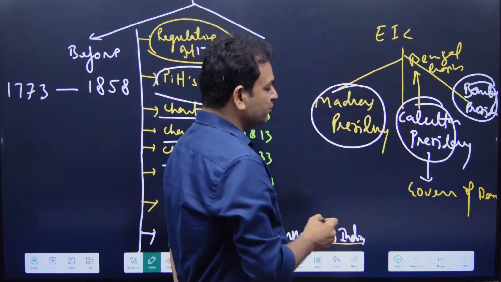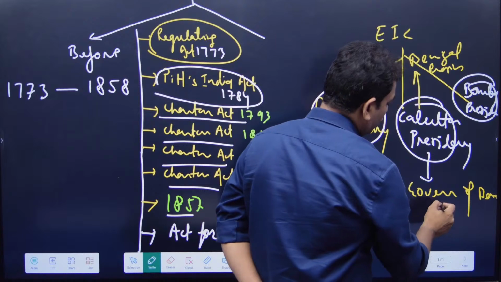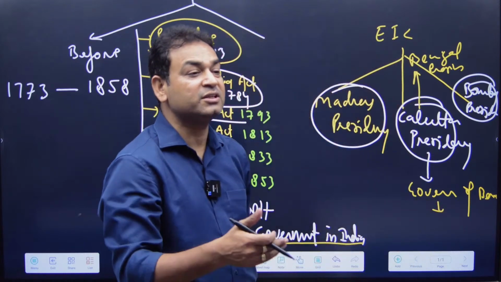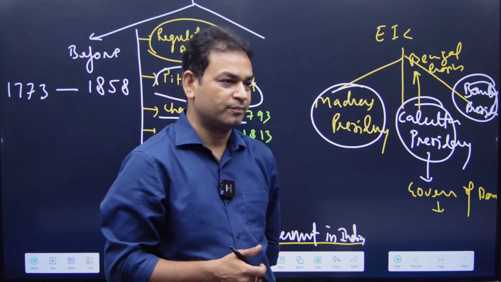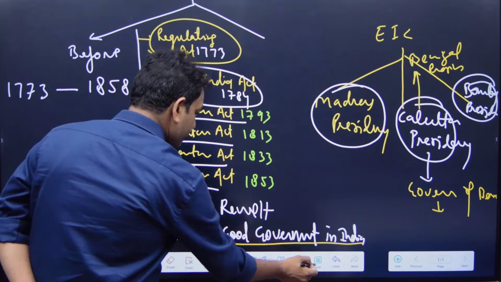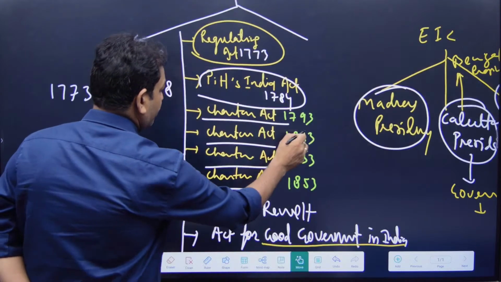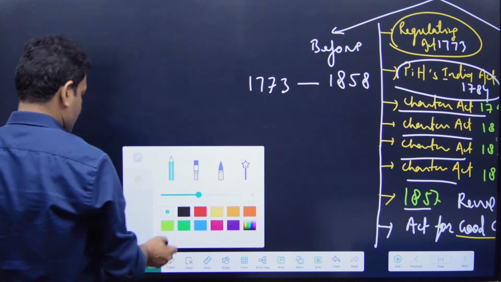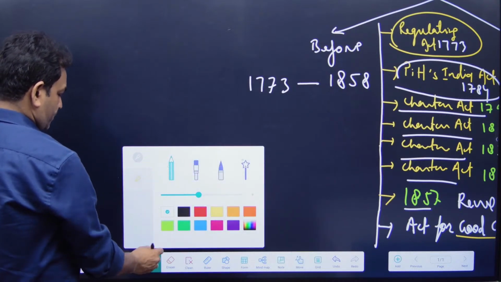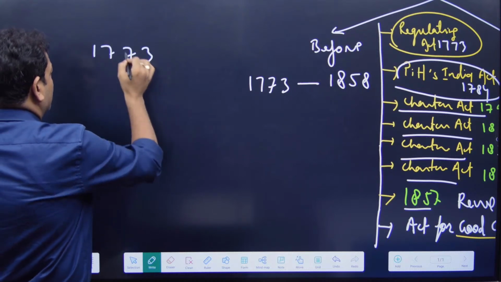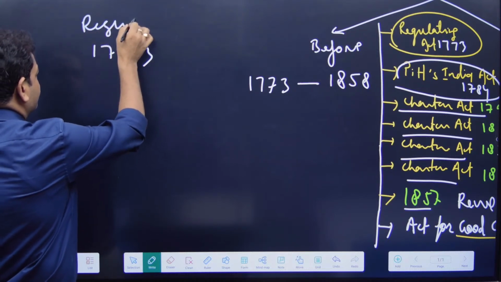In Bengal Presidency, the governor of Bengal was given the status of Governor General of Bengal. Means, if you see, 1773 Regulating Act.